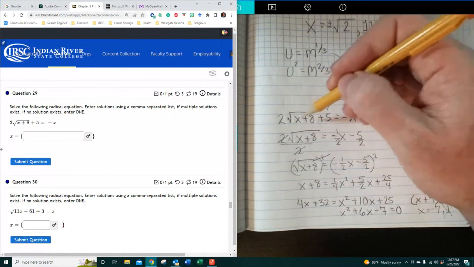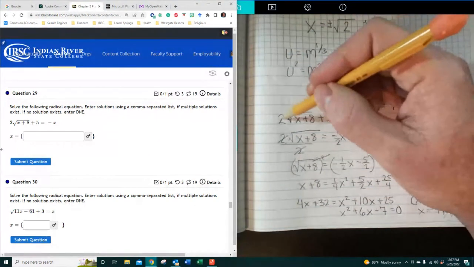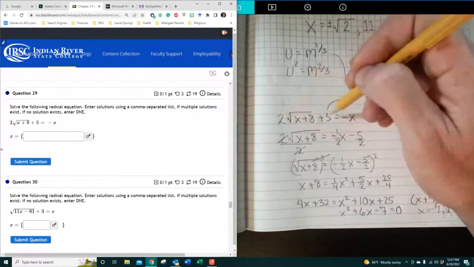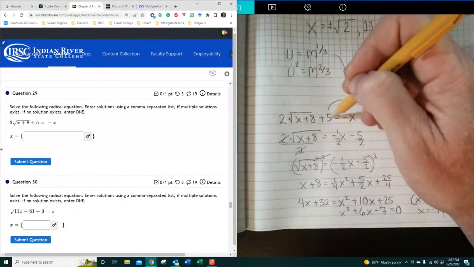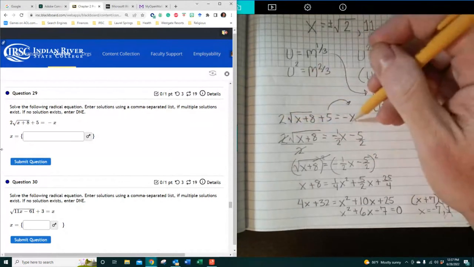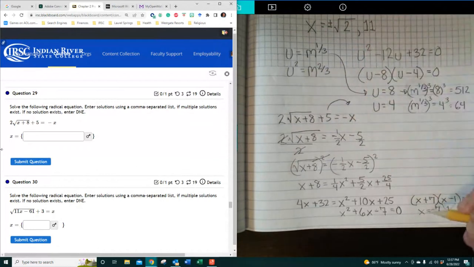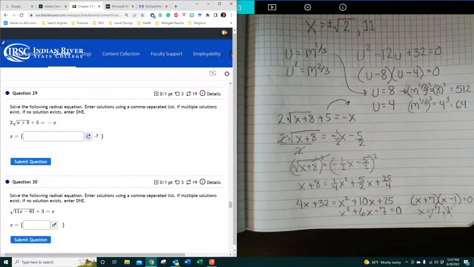Square root of 1 is 1. Times 2 is 2. Plus 5 is 7. And then a double negative is equal to positive. So this one works. This one doesn't, so you throw it out. So you have to check your answers. Otherwise, you will get this wrong. All right, so the answer is -7.